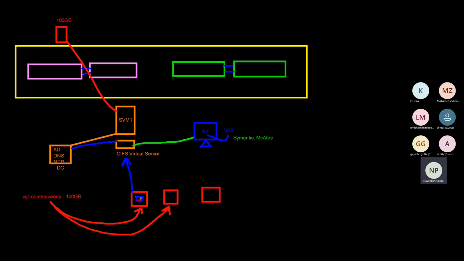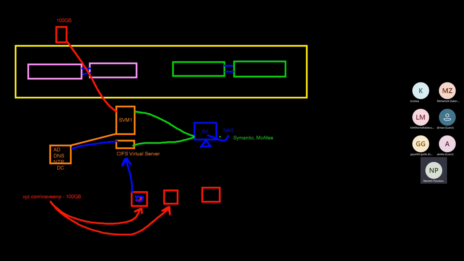Once scanning is completed, only then is the data copied to our controller and volume. If it finds any virus during scanning, it removes the virus and heals the data, and only then stores the data in the storage.